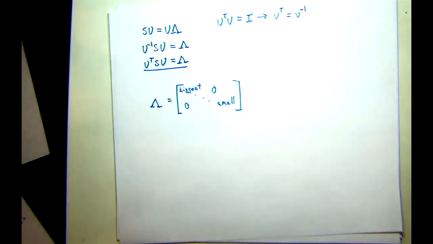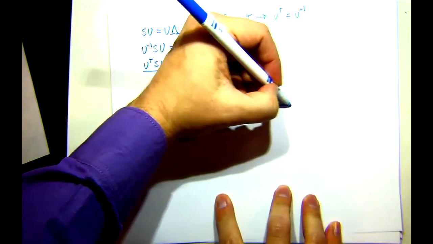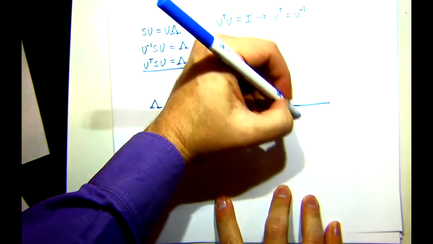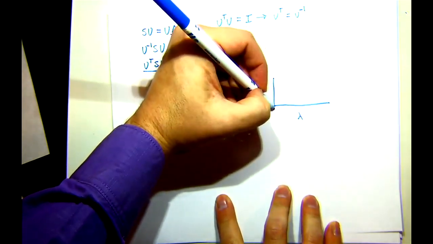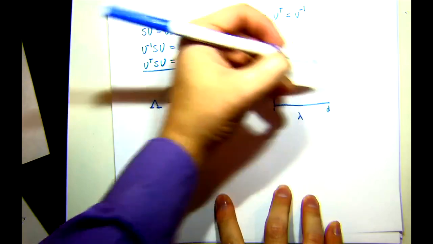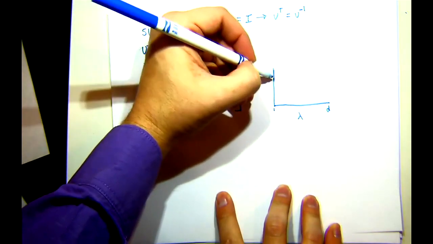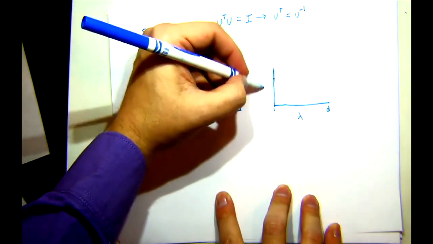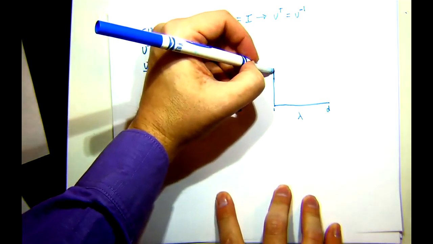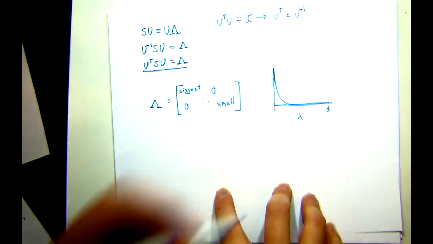For most data sets, what we're often going to see is something that looks like this. If I plot the magnitude of the lambdas, this one lambda 1 is the biggest, this one lambda d is the smallest, and the form of this is often going to follow something along that pattern.